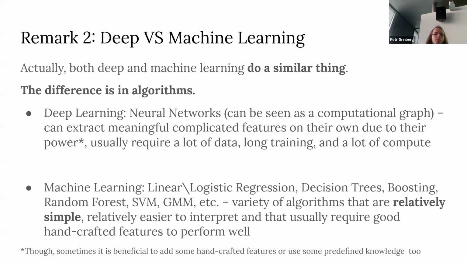For deep learning, one important remark is that it can do well from raw input without any modifications, but sometimes adding some handcrafted features also helps deep learning models to make better predictions.